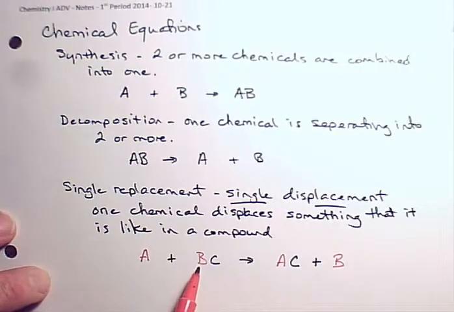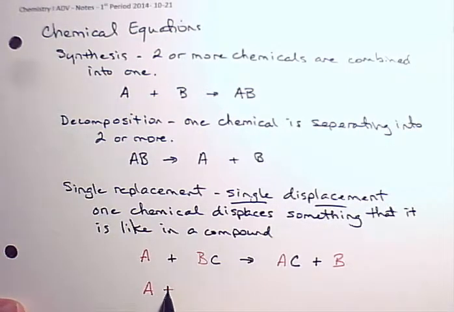Now it might be that the compound or the part of the compound that's being displaced is not on the front, it's on the back. In which case we would have this, A plus B C, and now C is like A, all right, in some fashion.